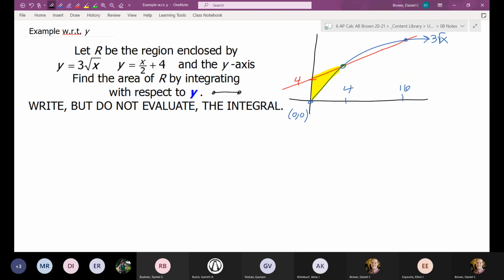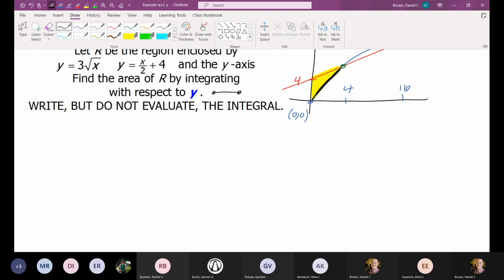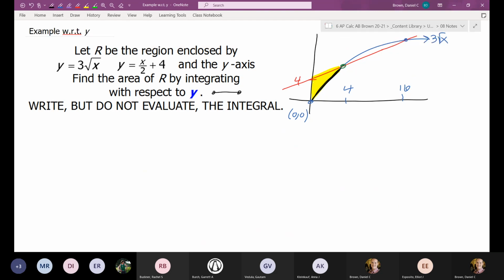Why are we saying it uses two functions? So this is always the right function. That is, I think, very clear to most students. But when you think about the left-hand side of the region, in this lower part, the left-hand side is basically the y-axis. But as you move up in that region, the left-hand function is the line.